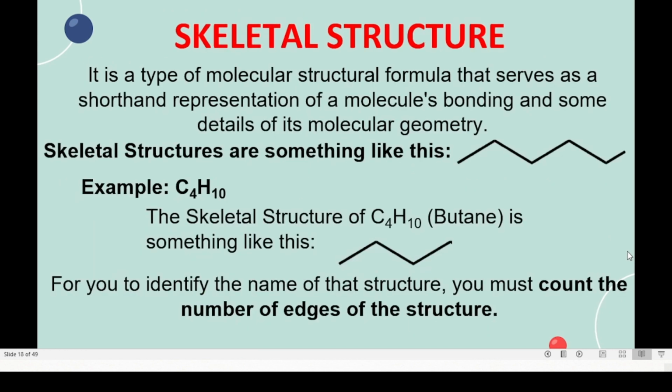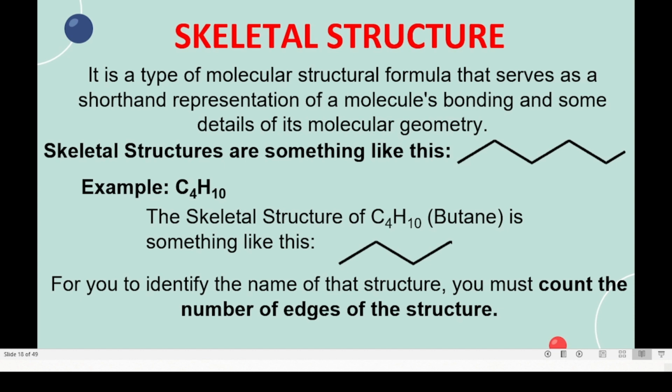Okay, get it? Let's proceed. Skeletal structure. A skeletal structure is a type of molecular structural formula that serves as a shorthand representation of a molecule's bonding and some details of its molecular geometry.